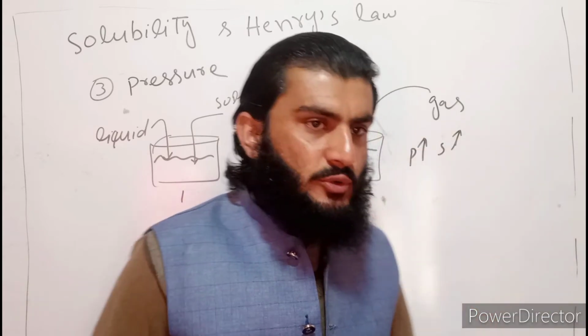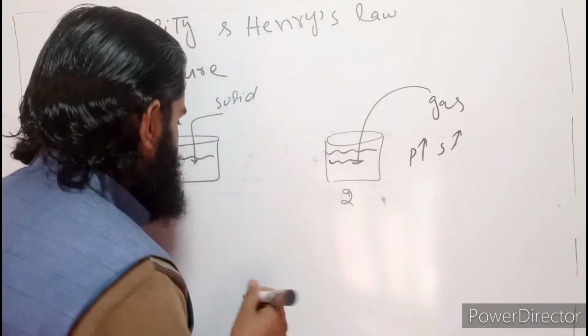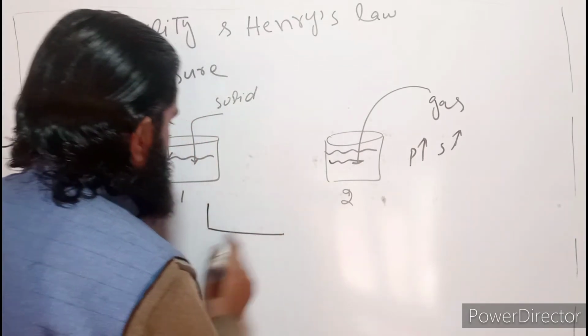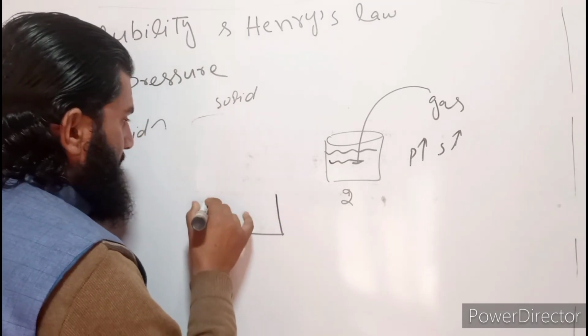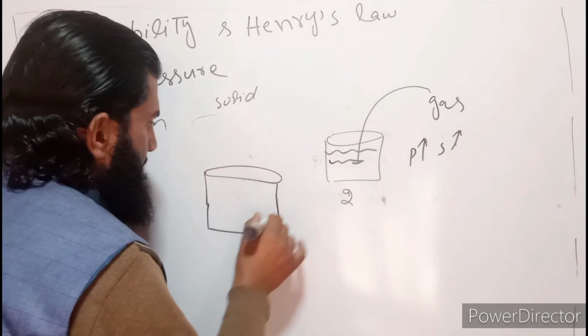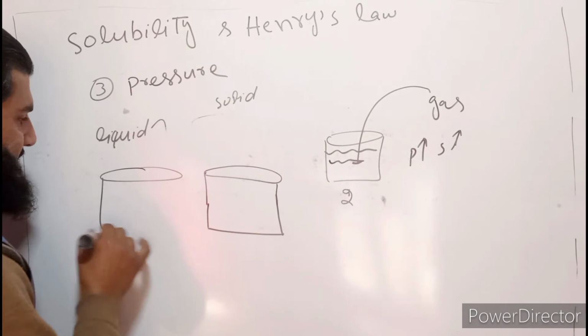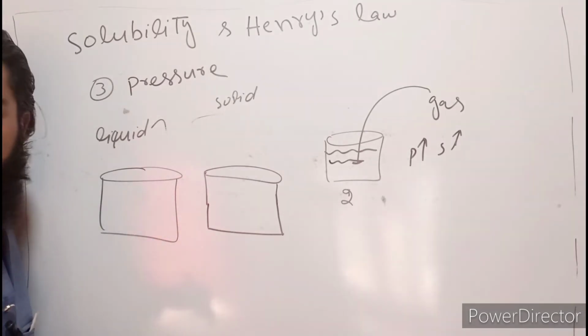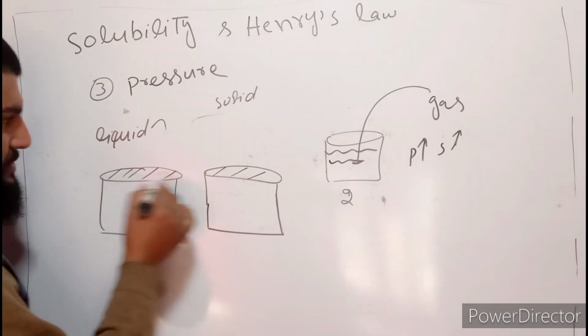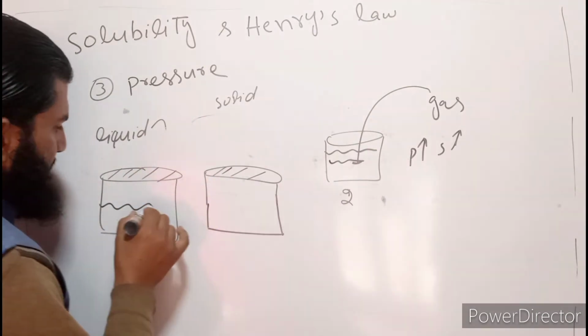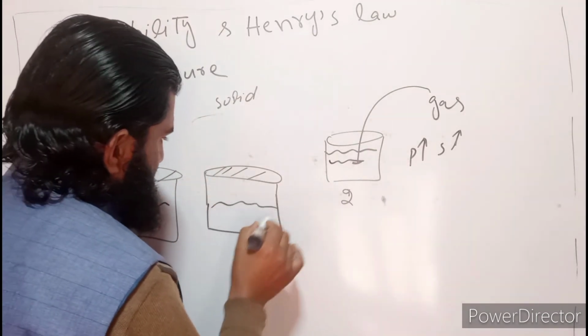Clear? So, for example, if this is one container and this is a second container, clear? These two are closed. This is a liquid and this is a liquid.